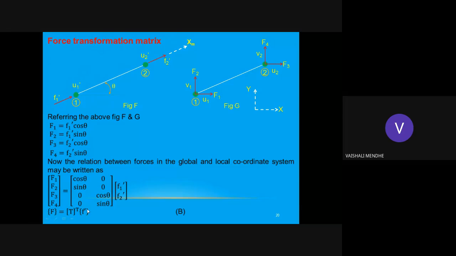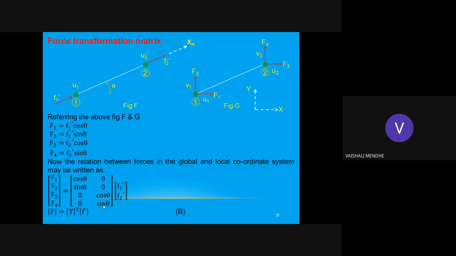But what is this matrix we just got? Any one of you? We only wrote the above equations in matrix form. F1' cos theta, so the F2' component will be 0. Here it is F1' sin theta, so F2' will be 0. Here it is F2' cos theta, so F1' will be 0. Here F1' will be 0 and F2' sin theta.